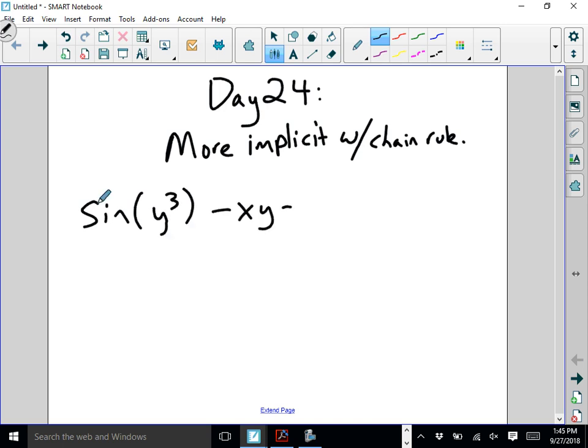So take a look at this one. Our goal here is simply to find dy dx. When we take a look at this, a couple of things we see. Again, we see x's and y's. We should be used to that now with implicit differentiation.